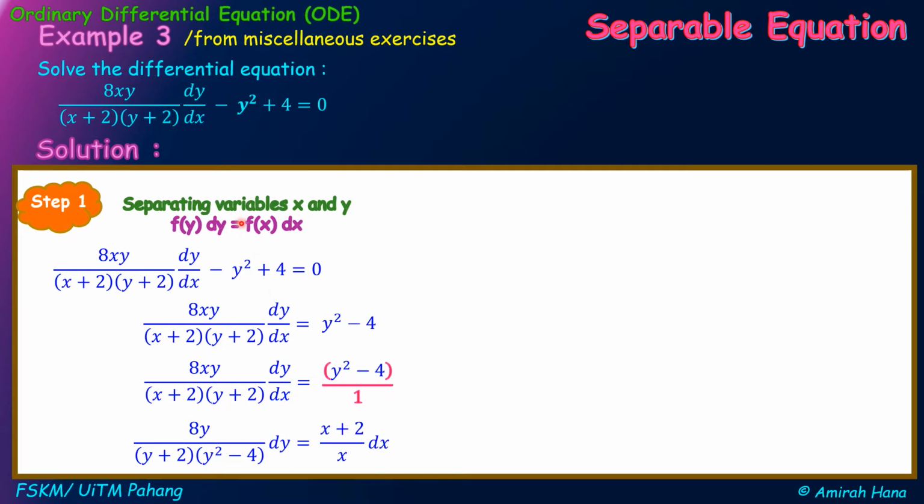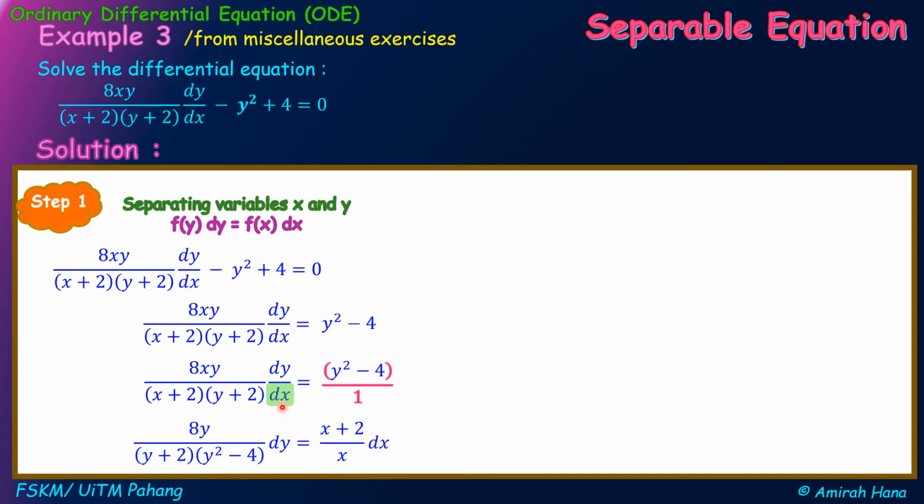Our mission is to write the left hand side in terms of variable y and dy, and the right hand side in terms of variable x and dx. So from here, we have dx on the left hand side, and we want to move it to the right hand side.